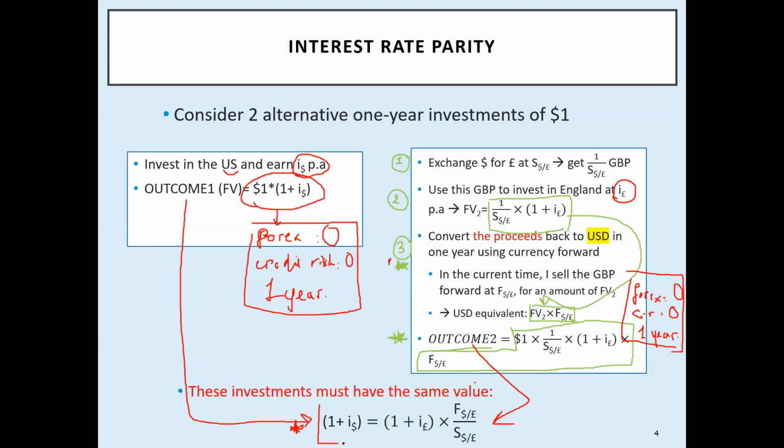So we have just walked through, we have just proven the interest rate parity condition, okay? So this is interest rate parity condition for you, and we have just proven it, okay? So here, we have derived the interest rate parity condition.